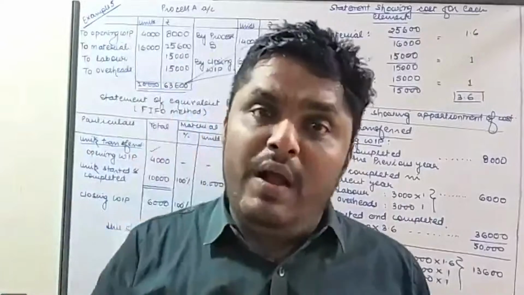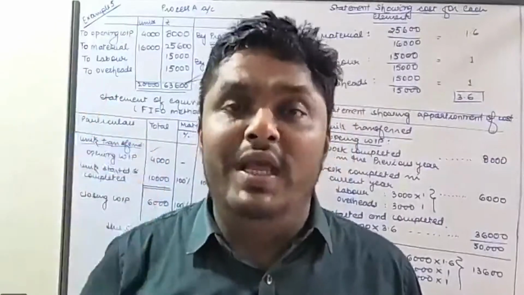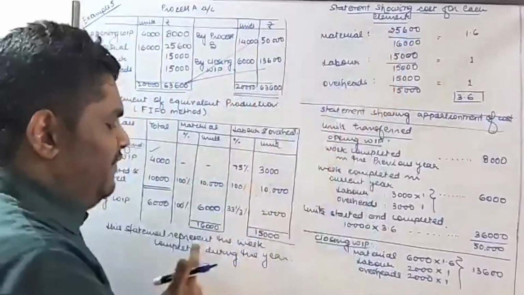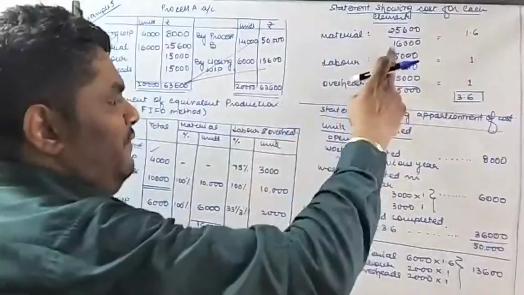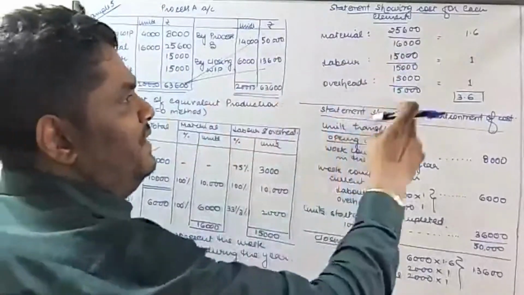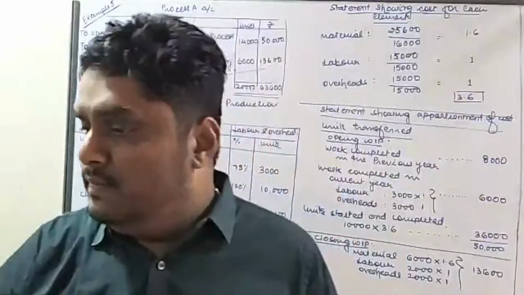So, to calculate the cost per unit, we will take the cost that is incurred during the year. So the cost incurred during the year for material is 25,600 divided by 16,000. For labor, it is 15,000 divided by 15,000. Overheads, it is 15,000 divided by 15,000. So this is how I got the total cost, that is 3.6.